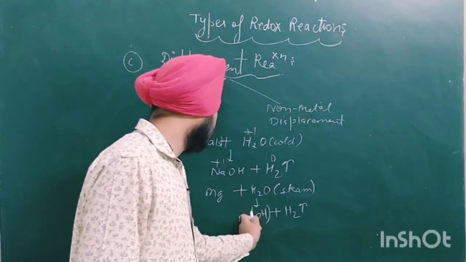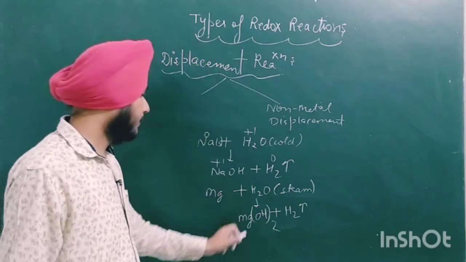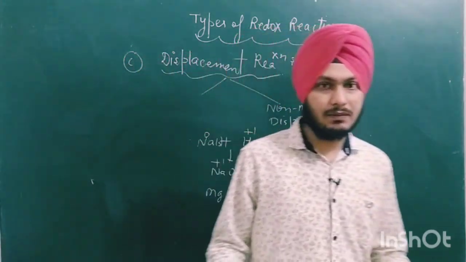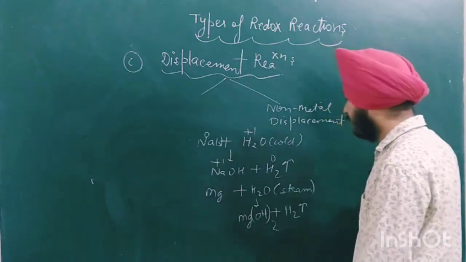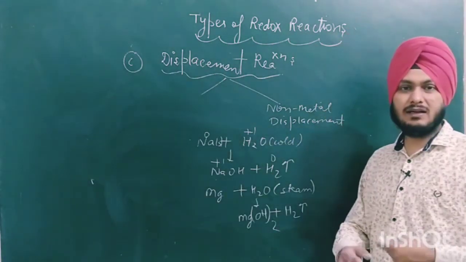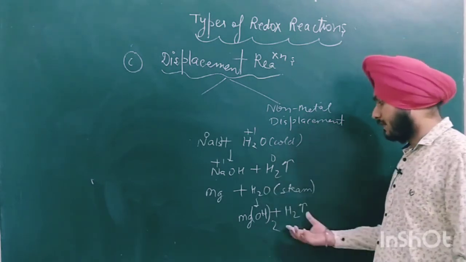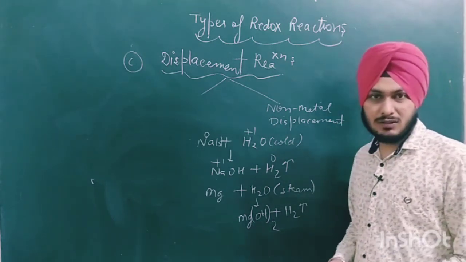Let me balance the reaction. This is magnesium hydroxide, the formation of hydroxide, an alkali or a base, and hydrogen gas is liberated. Similarly, in case of iron, we will get Fe3O4.